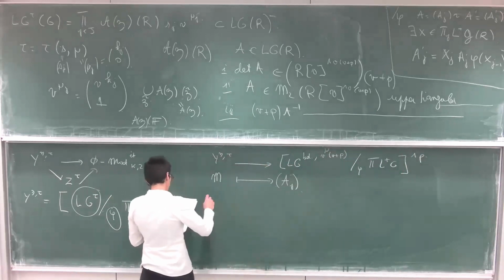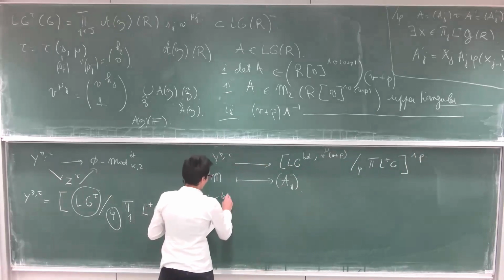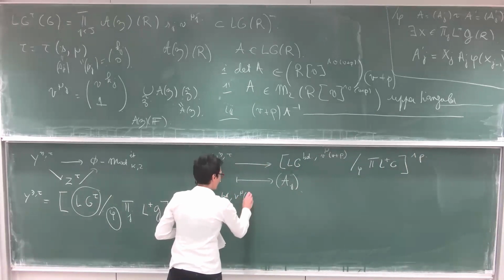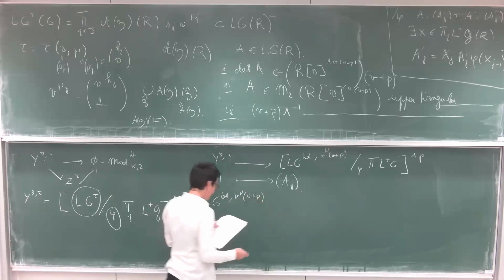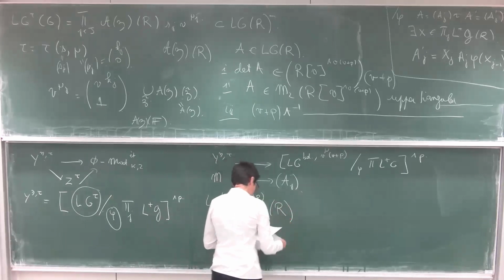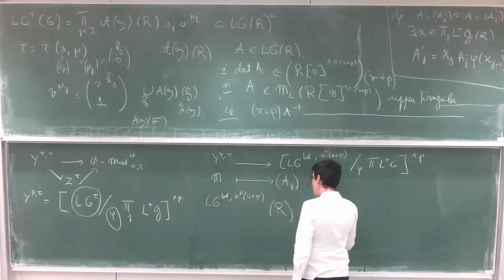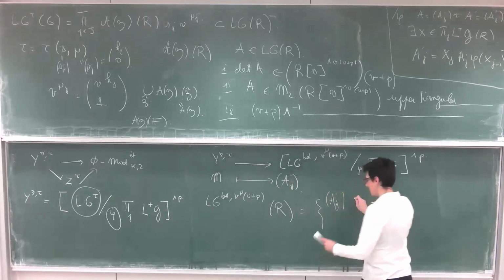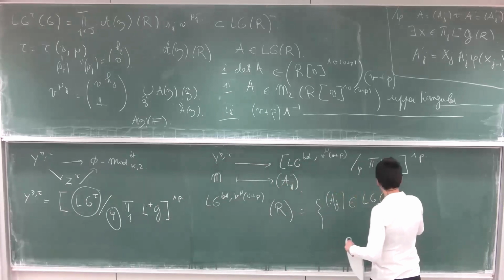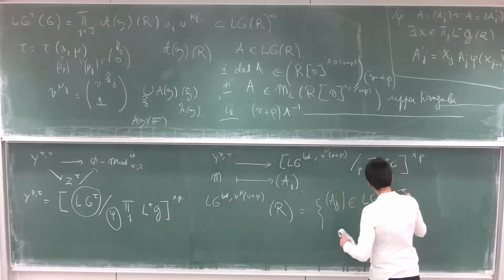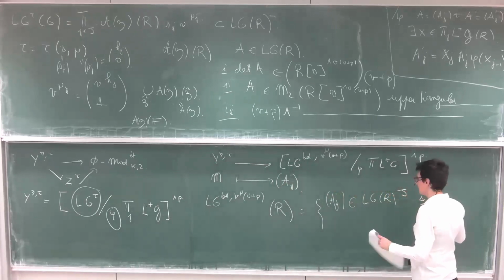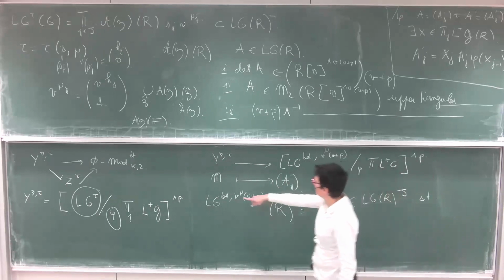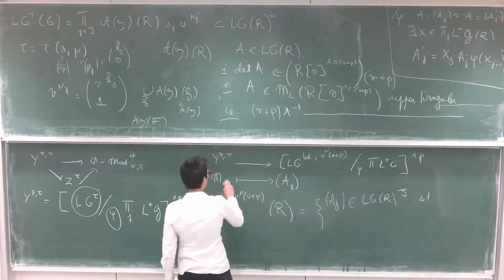Sorry for that. What is this object? This object is really nicer because it's a set of matrices like this, and in fact, I will not send exactly A_g to X_g.